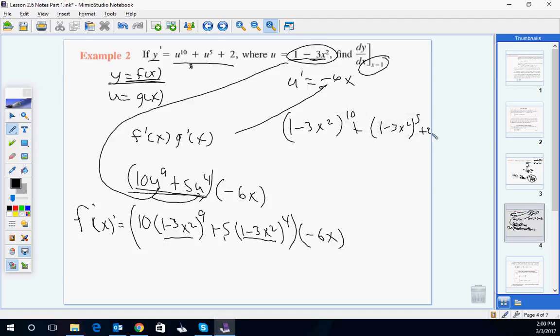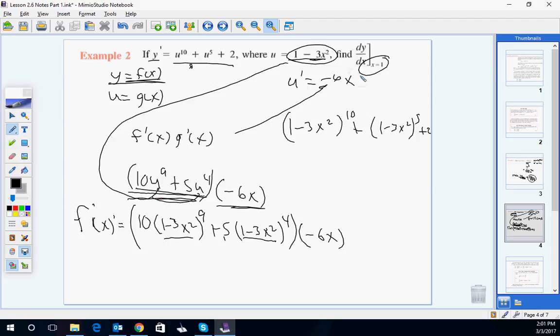That's the original, and they went ahead and put the u's in for you. That's all that's happened. So they said your u is this, and then we took the derivative of that. That's minus 6x, so that's the inside. This is the outside derivative. Then we just plug these back in like they were. And now we just got to plug in 1 to evaluate.